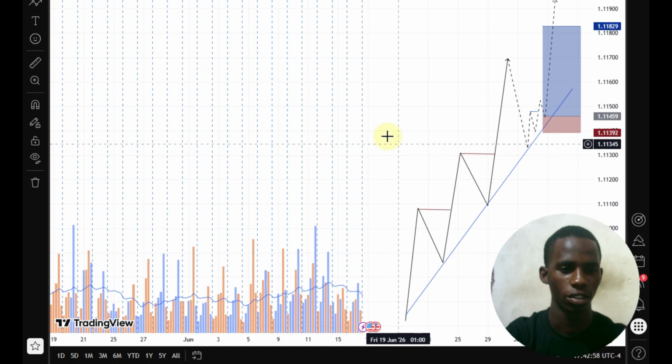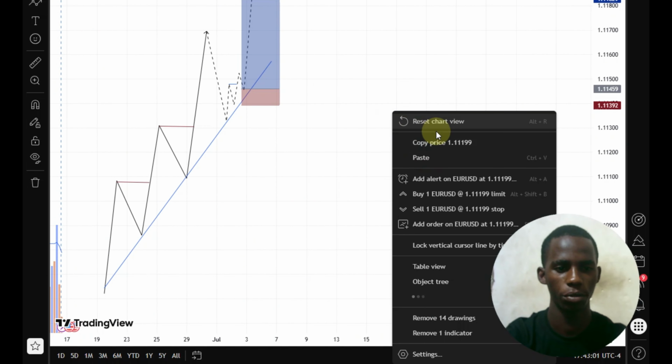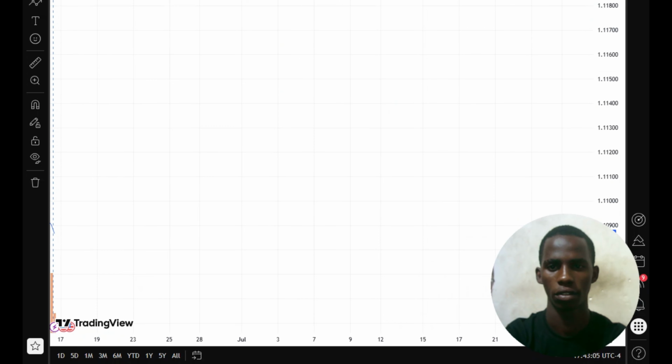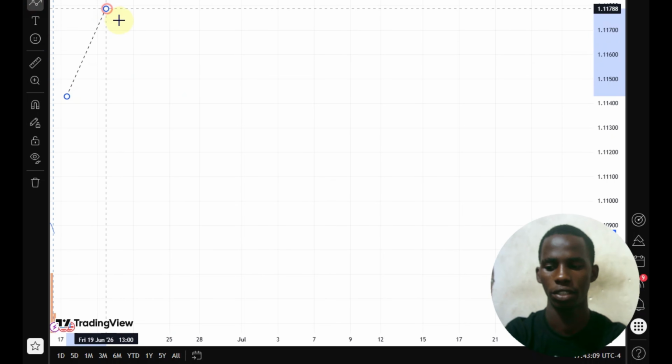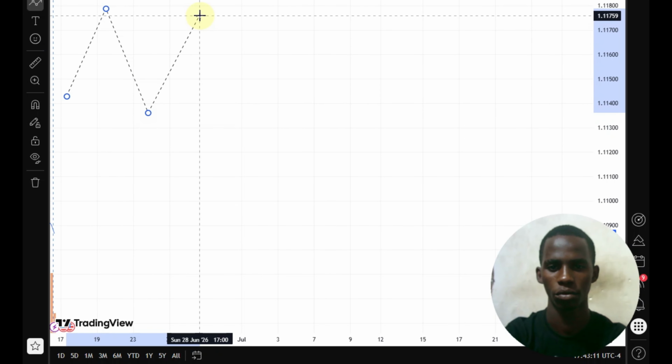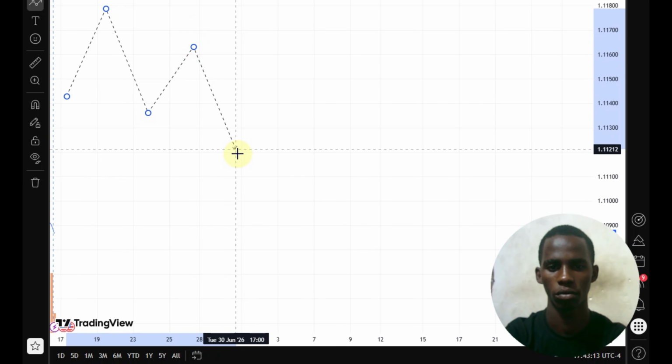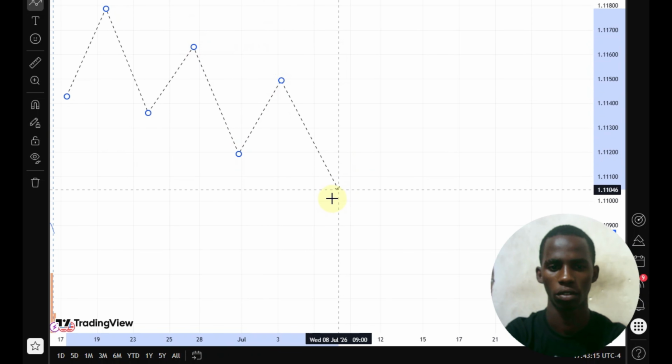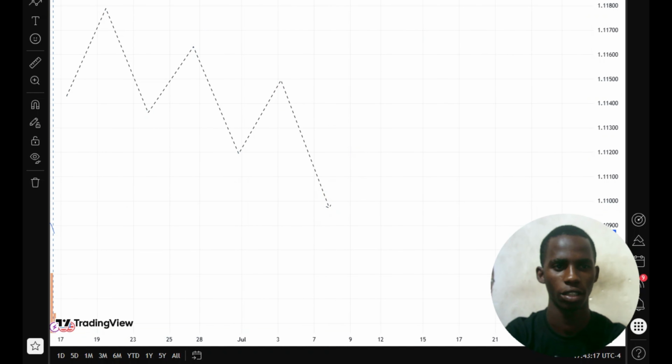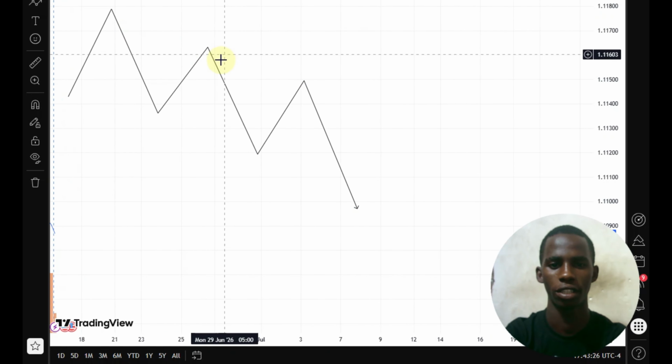Now for a bearish scenario, that's a bullish scenario. For a bearish scenario, okay, this is the bearish market. Okay, how did I know that this is a bearish market?